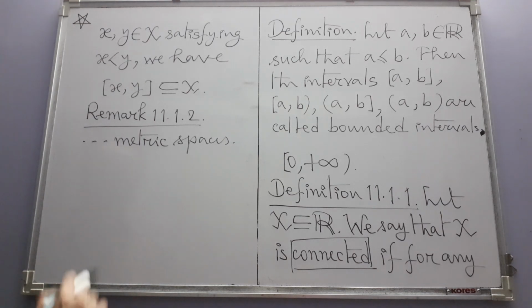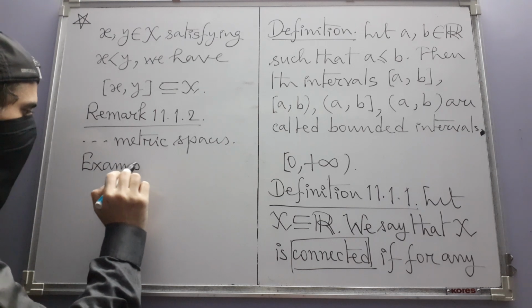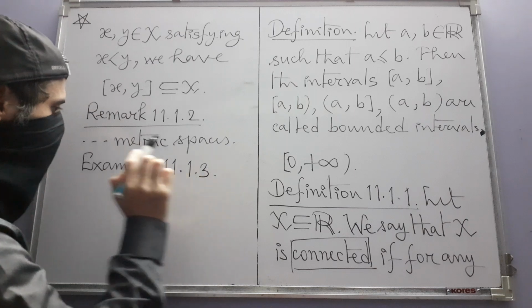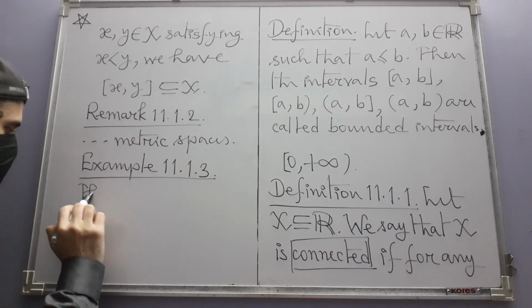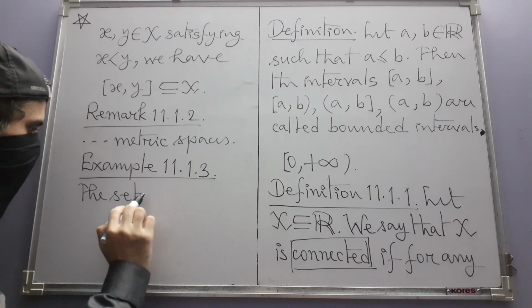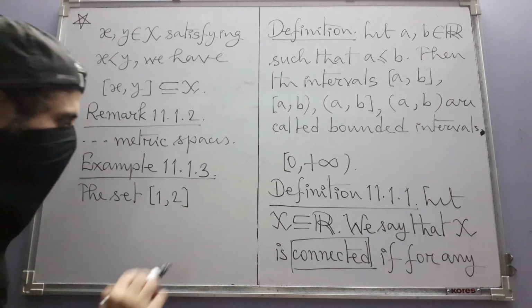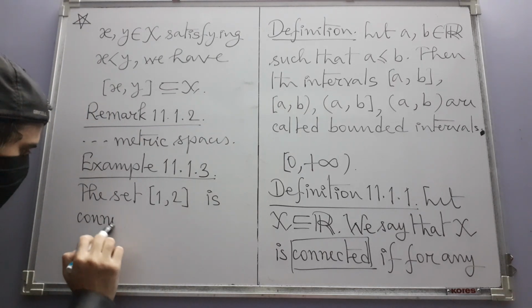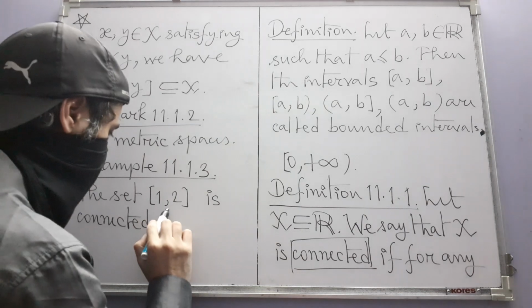Now let us see some examples. The set closed interval 1 comma 2 is connected. Let's see how.